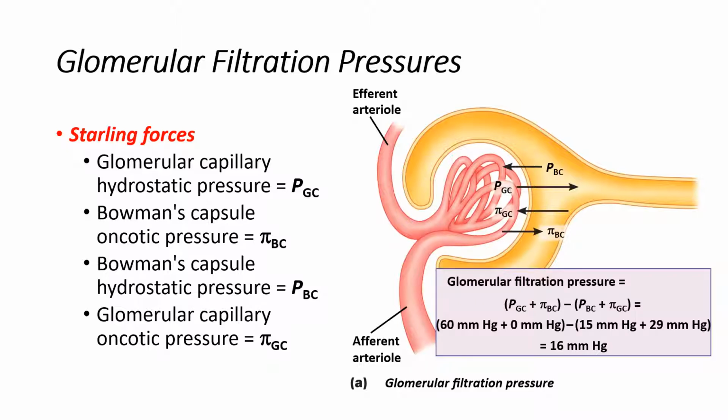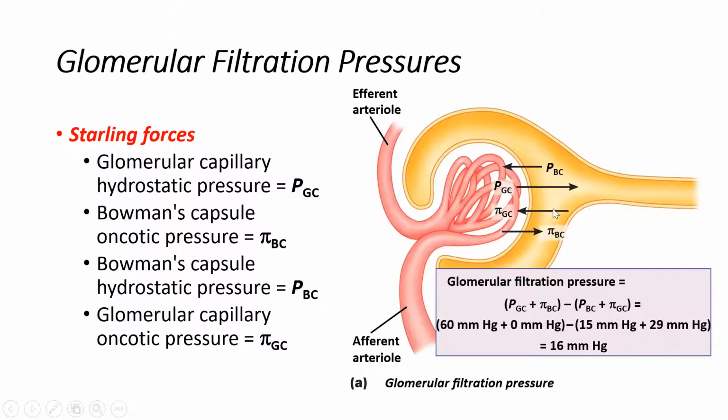And so we can say that the presence of proteins on that side of the membrane pulls fluid towards it, and that is what we mean by the oncotic pressure. The ability of proteins to pull fluid to the side that they are located in. So the Bowman's capsule oncotic pressure is a pull force that's pulling fluid from the capillaries, from the glomerulus, into the Bowman's capsule, and this is always going to be zero.